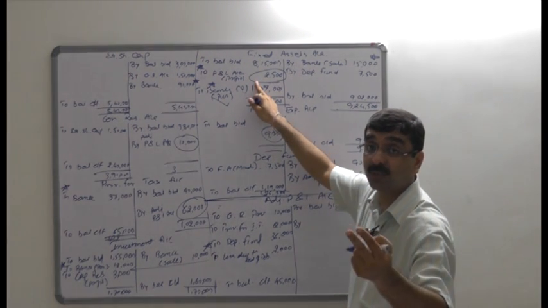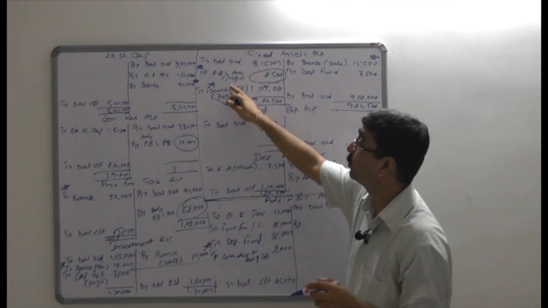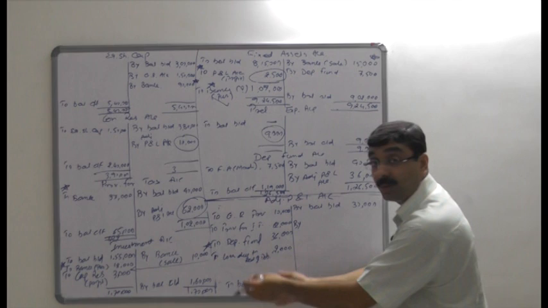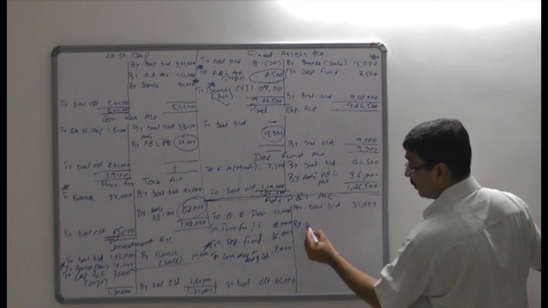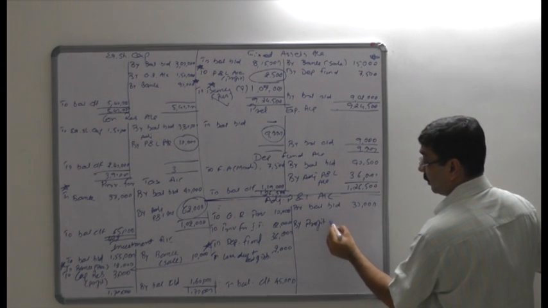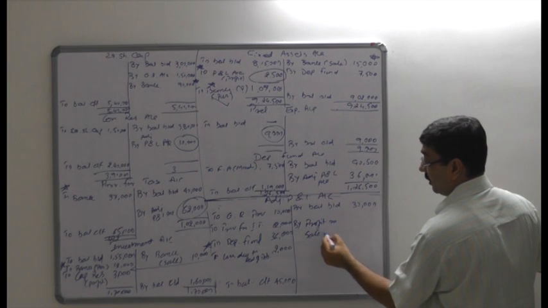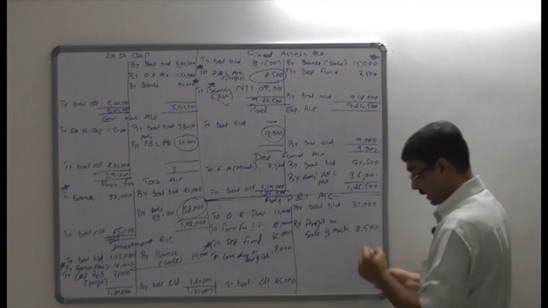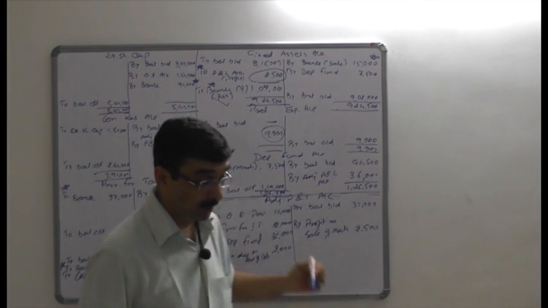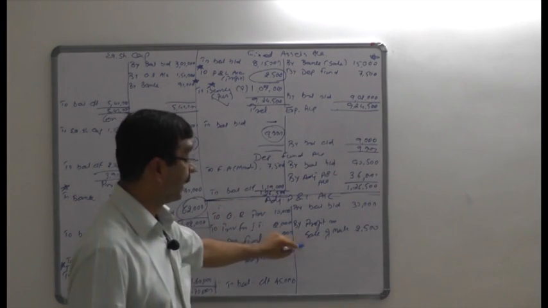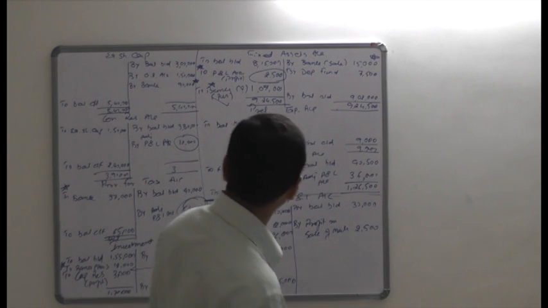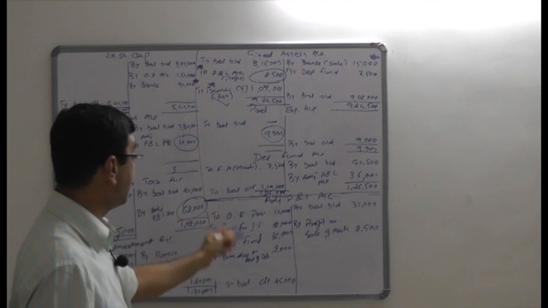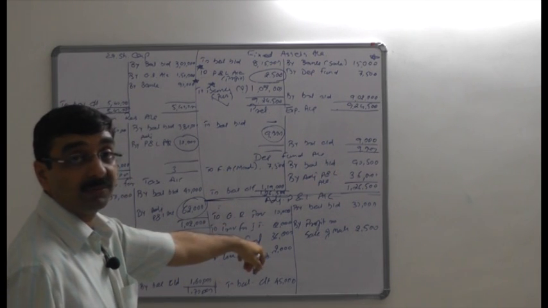So any one effect should be reversed, and that's why we are going to do the reverse effect of your profitability and deduct it from your balance. So profit on sale of machinery, that 2,500 rupees would be credited here. So here this item would be recorded on the credit side. Now if you observe, all accounts and adjustment entries are already affected to the adjusted profit and loss account.